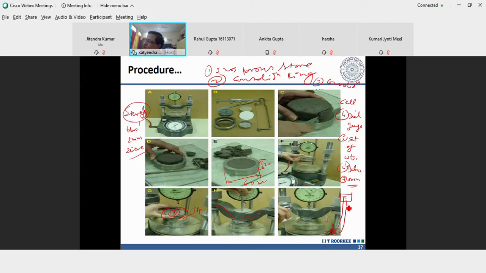So this is properly connected so that if any water is lost by evaporation or anything, it is replenished. Our purpose is to keep this soil specimen always saturated, because I have already discussed that consolidation means saturated soil.